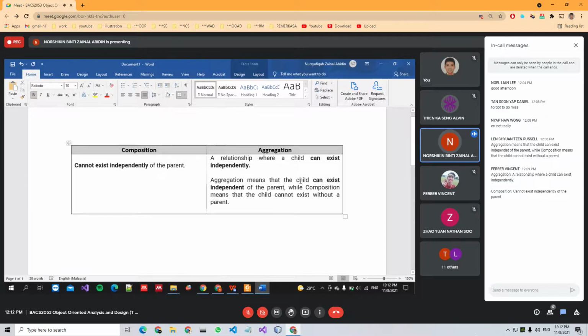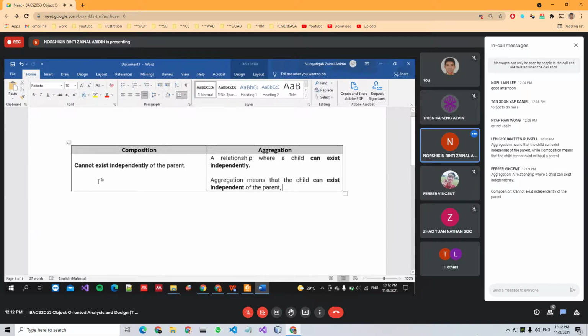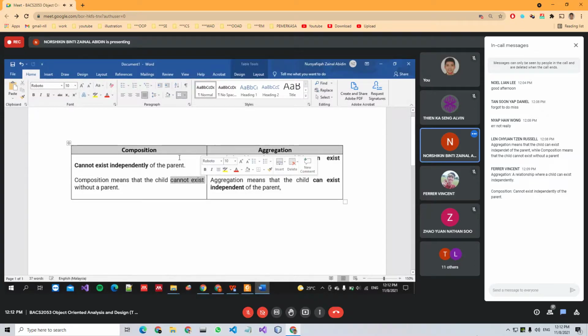Second point, aggregation means the child can exist independent of the parent, while composition means that the child cannot exist without a parent. These are the explanations given by your friend.